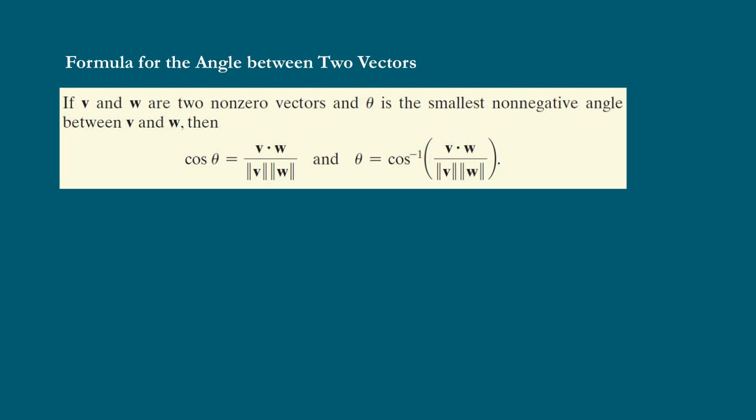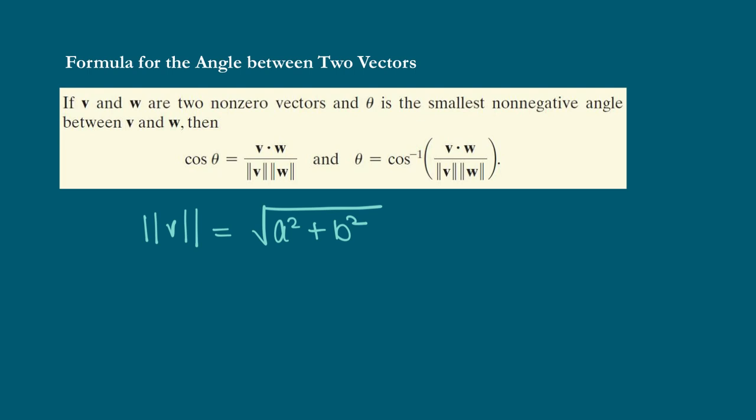So if you remember, to find our dot product, we're going to multiply our like components and then add those products. And recall that the formula for magnitude is equal to the square root of a squared plus b squared.